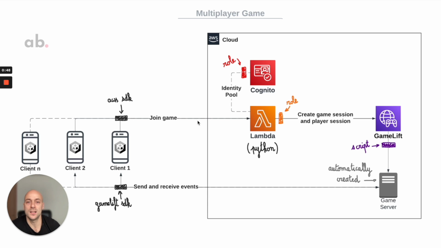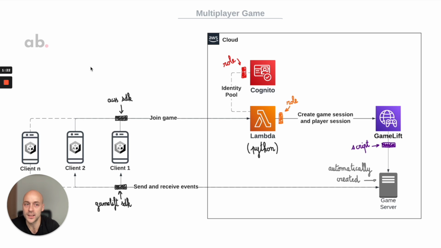And then the Lambda function returns all the information we need to connect to the game server. I mean IP, UDP port, credentials, etc. So with this information, the Unity client is able to establish a connection with the game server and the player is ready to play. So this is in a nutshell how it works.